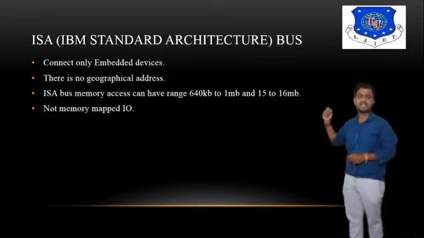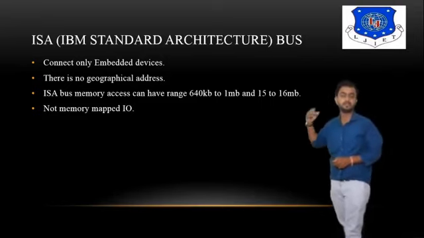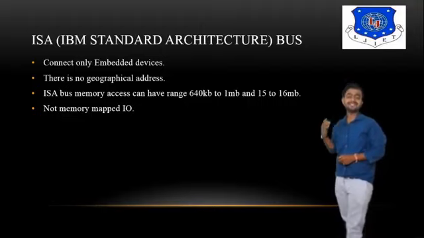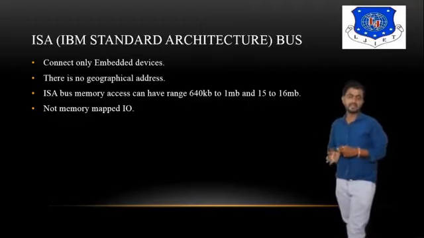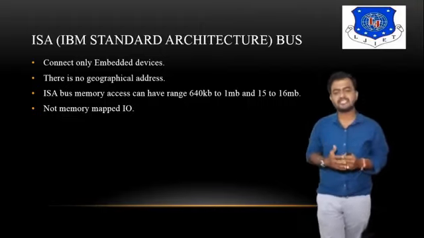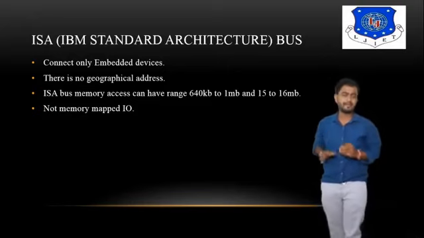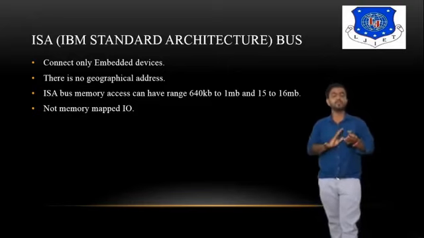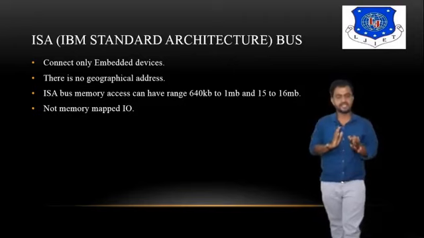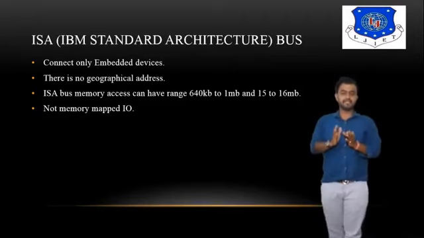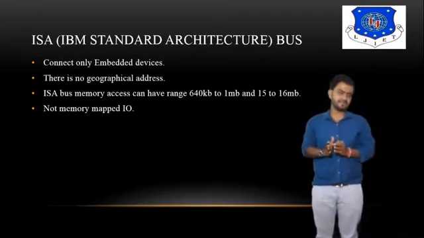ISA bus memory access can have a range of 640 KB up to 15 to 16 megabytes. So basically, it starts from 1 MB to 16 MB. There is no memory map, meaning there is no requirement to handshake some IO configuration or data configurability. So there is no need for any type of data configuration.